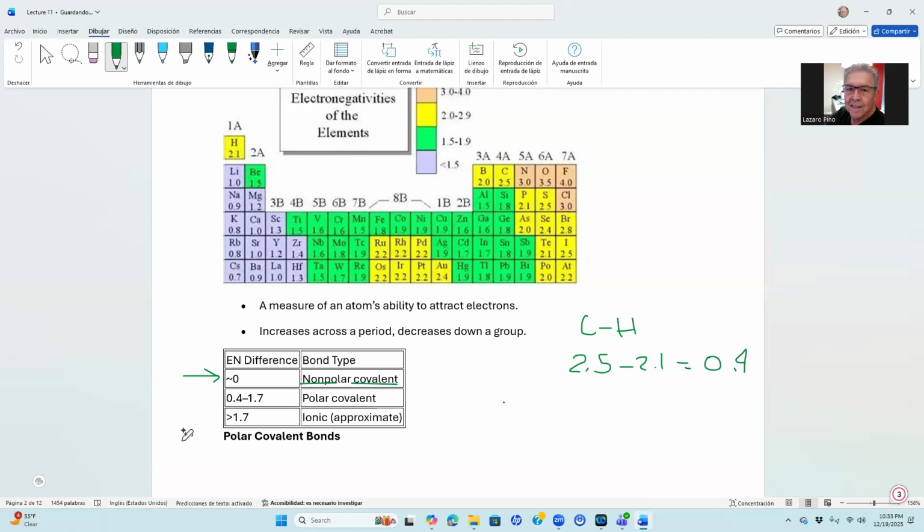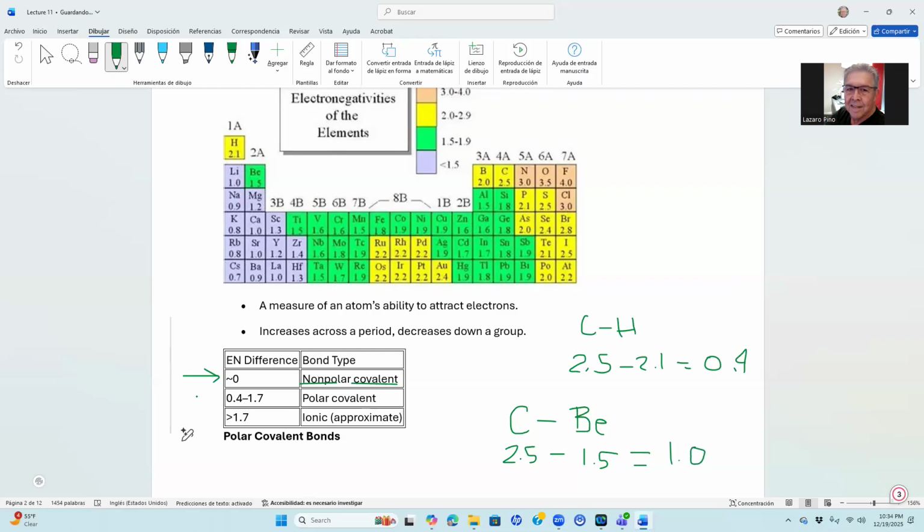But suppose now you have carbon and beryllium. In this case, you have 2.5 for carbon minus 1.5 for beryllium, and the difference is 1.0.